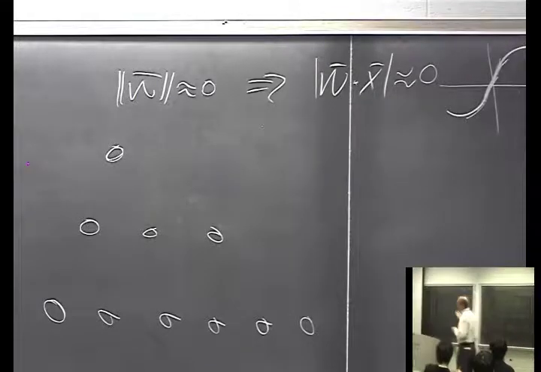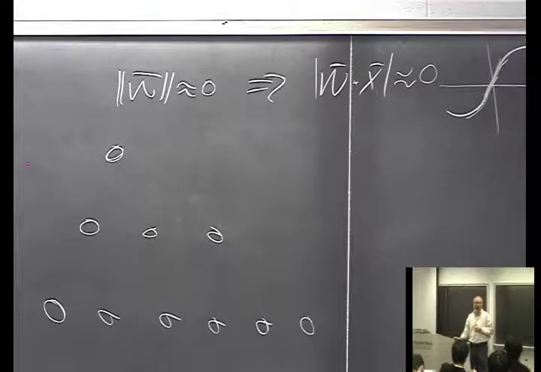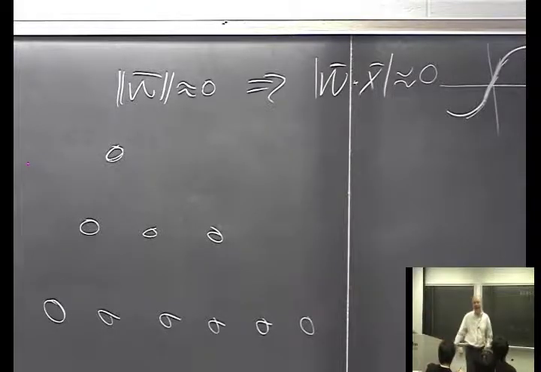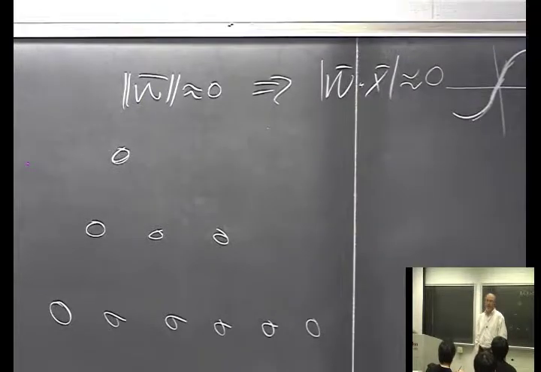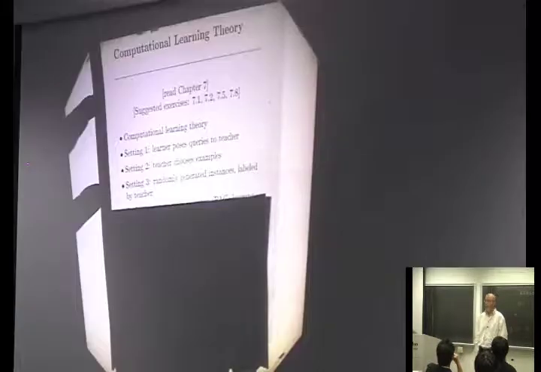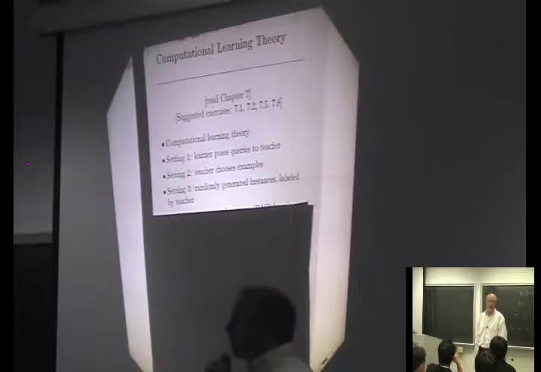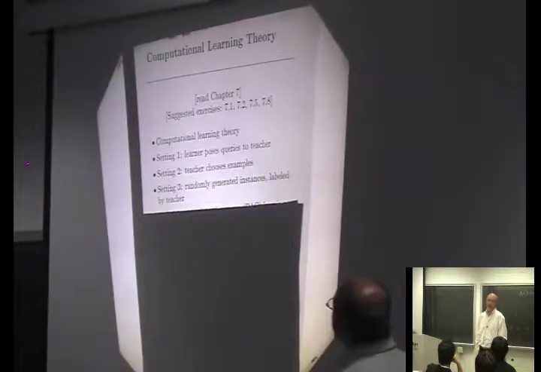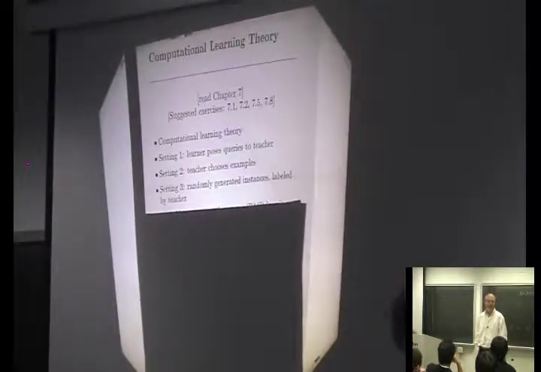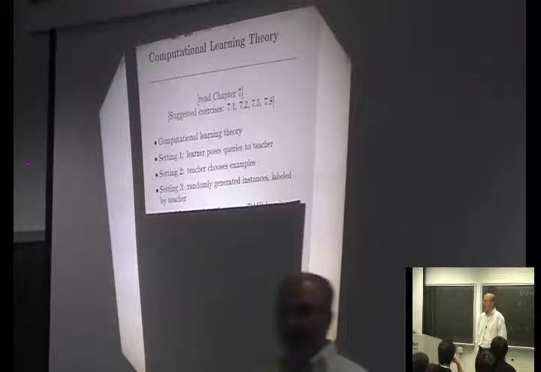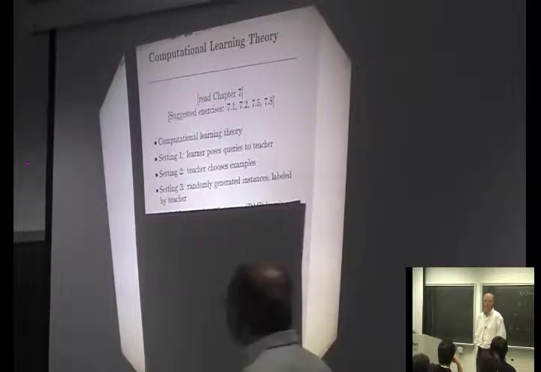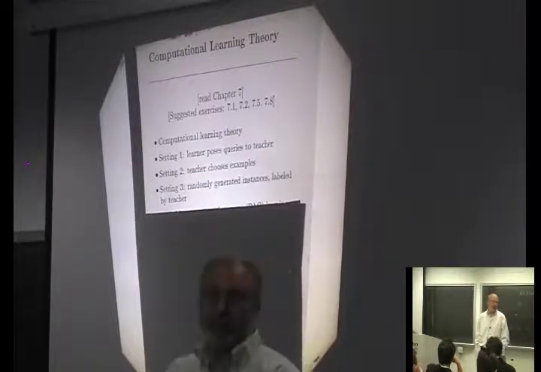The third setting is actually the one that's most commonly used in machine learning, and it's very commonly encountered in everyday life. An example of that would be you're trying to build the next big Google, the next best search engine, and there are search queries coming in. Don't think about them as queries, just think about them as challenges to you to show how good your search engine is.